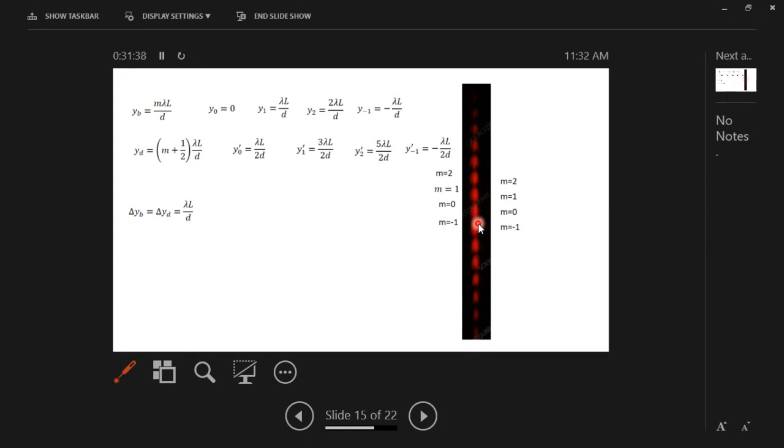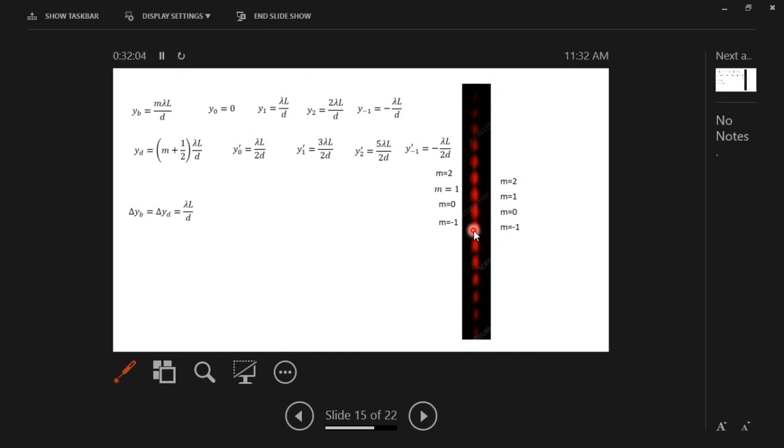So I'm going to assume that all of these bright and dark fringes have the same width. This is not correct. As you can see in this picture, when you move away from the center, the bright fringes fade away. They are disappearing. But let's assume that as far as we care, these fringes, dark and bright, all have the same width.